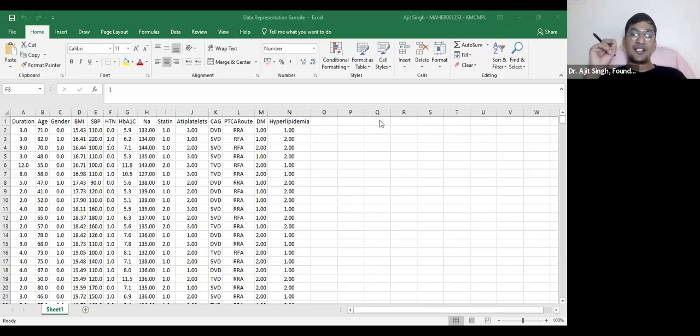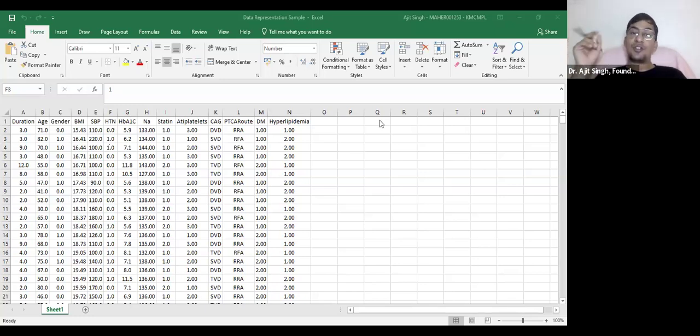Binary. If the patient has taken statins or not. Yes or no. Only 1 and 2 is there. So that is nominal. Okay, binary or nominal, I mean, same thing, nominal.